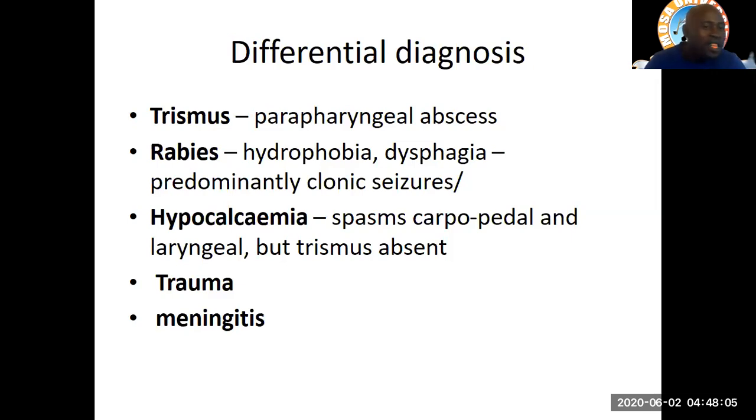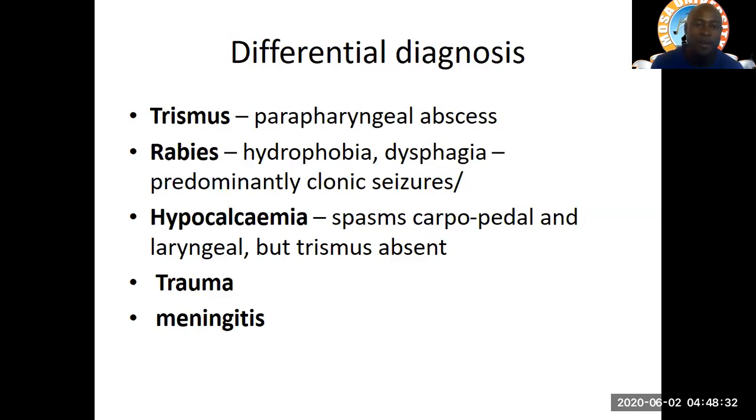The first differential is trismus from a parapharyngeal abscess, where there is an abscess on the parapharyngeal nerves, and as a result they may also present with a diverted iris. So it is important to rule out parapharyngeal abscess.